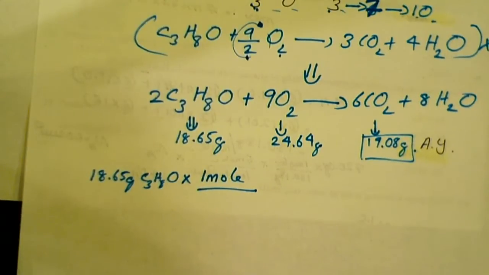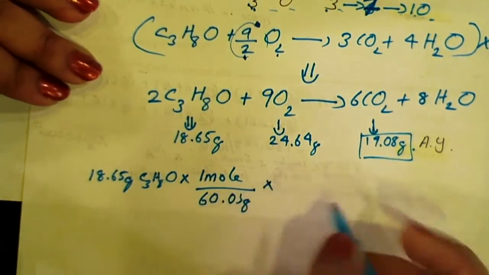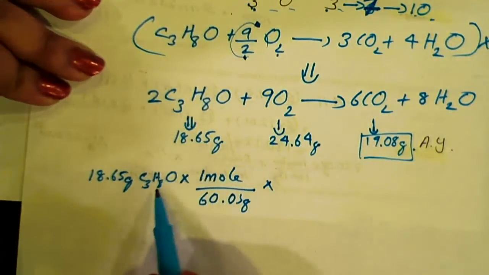So 18.65 grams C3H8O times, you have to figure out how many moles is that.